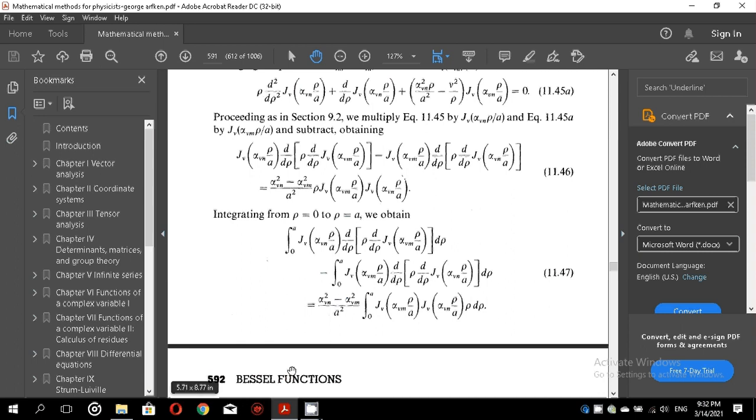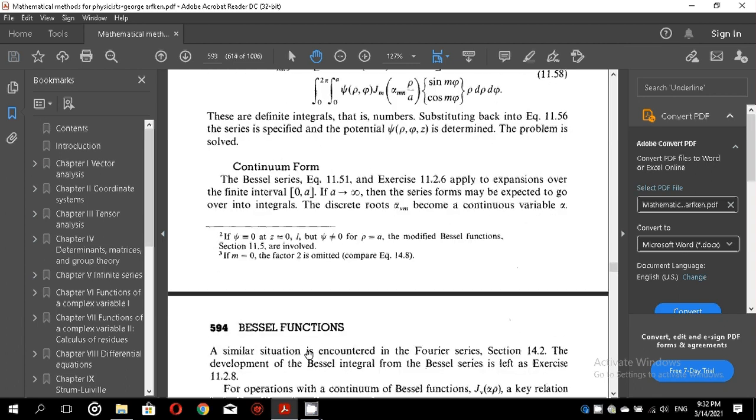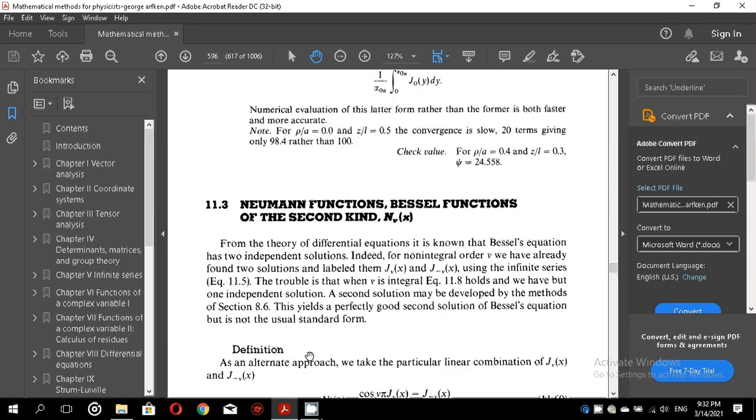Okay, after this, let me switch to the next topic. The next topic is the Newman functions, or we also call them the Bessel's function of the second kind, represented by N nu x.